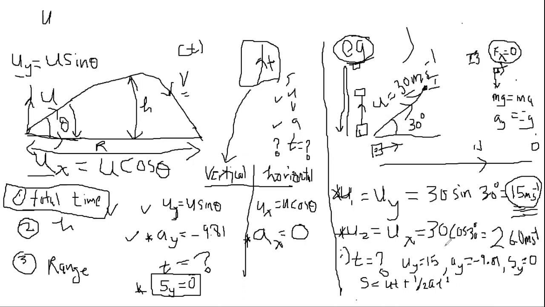I'll give you 1 minute. Put uy is 15, ay is negative 9.81, Sy is 0. So what is the total time taken? How many seconds? Give me 3 significant figures.